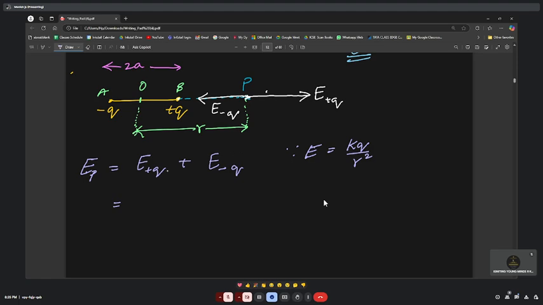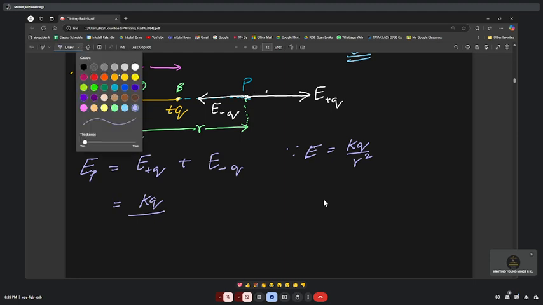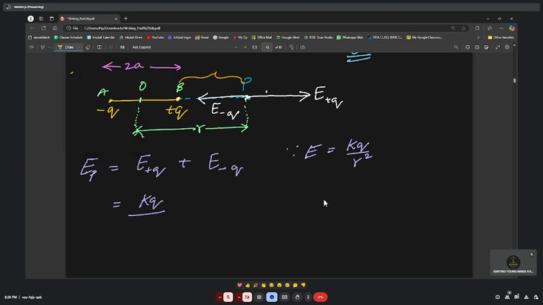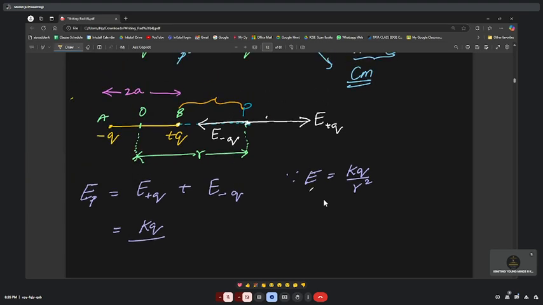For the positive charge, when you substitute, you will get K Q upon R squared. What is the R here? Your point of interest is at point P, so the distance from point P to your positive charge will be our R in this case. What is the distance BP?